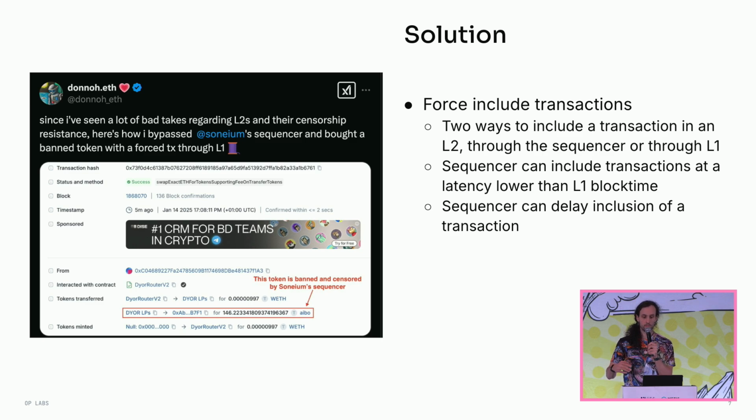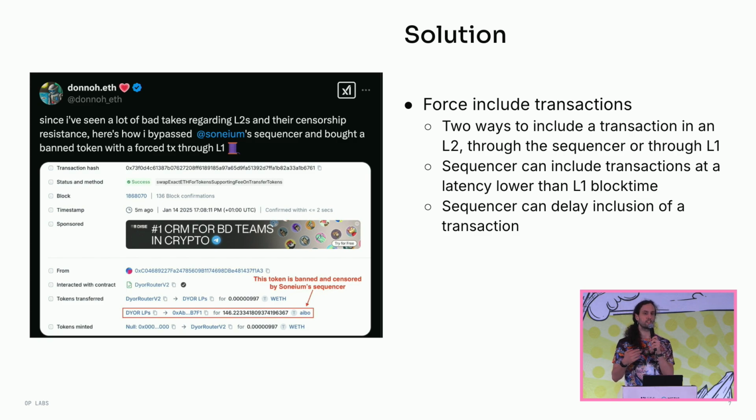But ultimately, the only power that the sequencer has in this case is the ability to delay the inclusion of a transaction. They cannot completely censor any transaction. And we saw this play out in practice with Soneium. Soneium had this policy where they wanted to protect user IP rights through their sequencer.